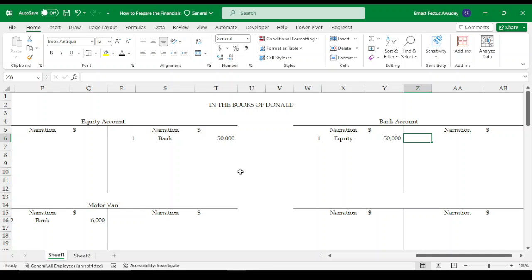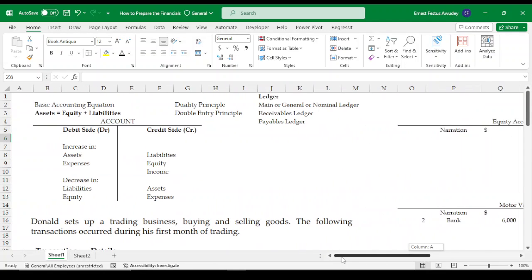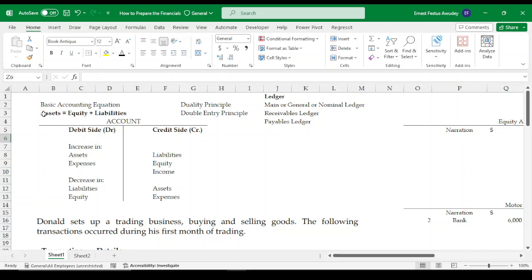So that at the end of the day, what we are trying to achieve is that we want to ensure that the equation is always satisfied. Assets are always equal to equity plus liabilities. All right. So when one asset has increased and another asset has decreased, the effect is going to be zero. Therefore, the assets will always be equal to our equity plus liabilities.